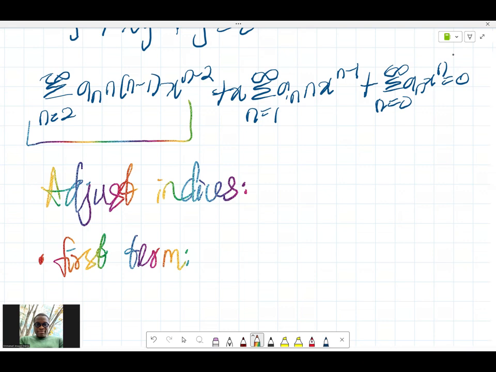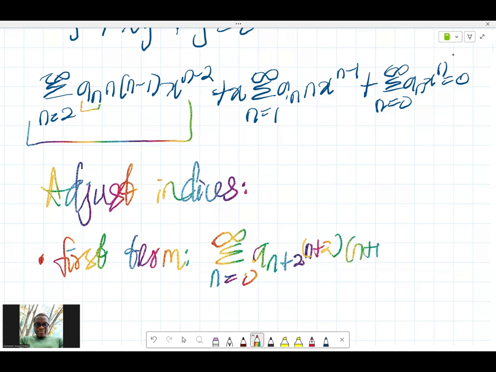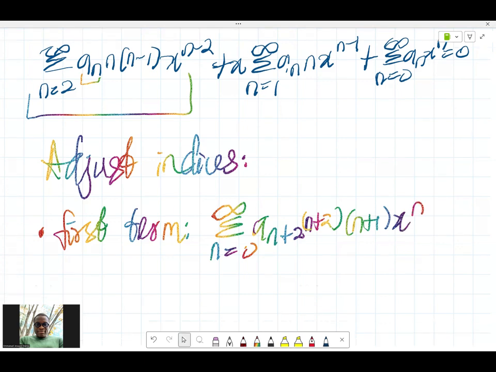And the way to do that is we need to move 2 steps back from 2. So that means we have summation from n equals 0 to infinity. And once we do that, it's going to affect every other thing. So for instance, it's going to change a n to a n plus 2. That'll be n plus 1, n plus 2. And then n changes to n plus 2 also. And then for n minus 1, we have n minus 1 plus 2, that'll be n plus 1. And then we have x raised power n. So no more n minus 2 up there.